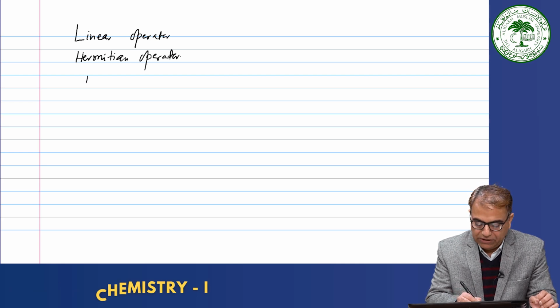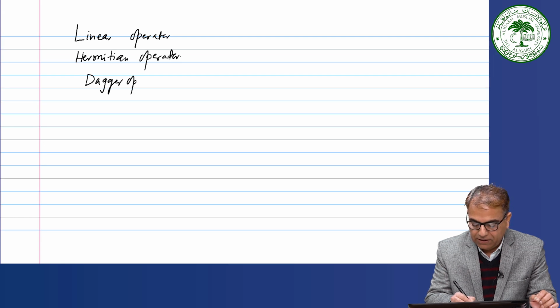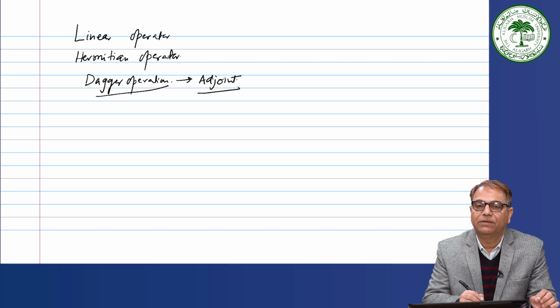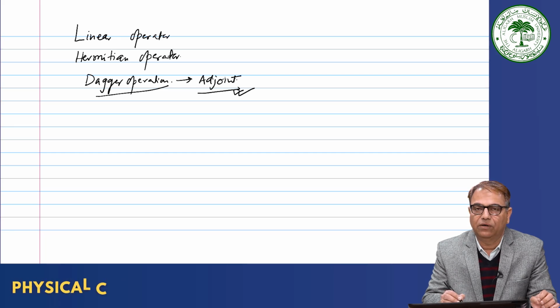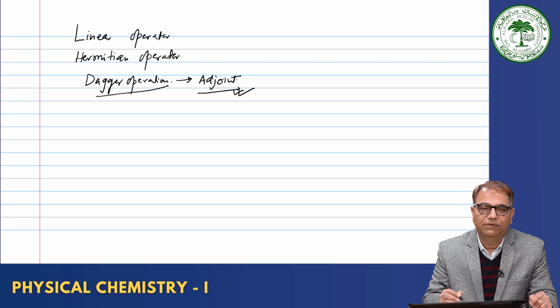In doing this, we defined a dagger operator, and in defining this, we talked about the adjoint of an operator also. Adjoint of a matrix you have done in your mathematics: you take the transpose and then you take the conjugate. To find the adjoint of an operator, there are certain rules, and using those rules I showed you how you can tell whether an operator is Hermitian or not.